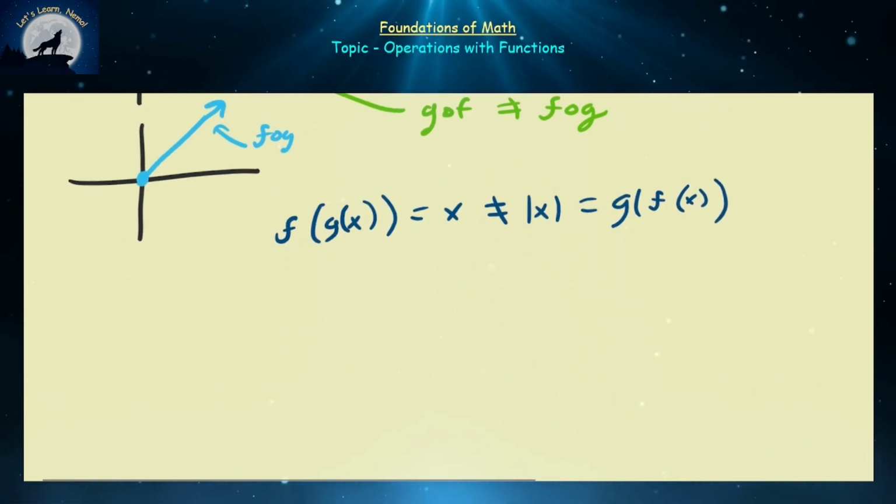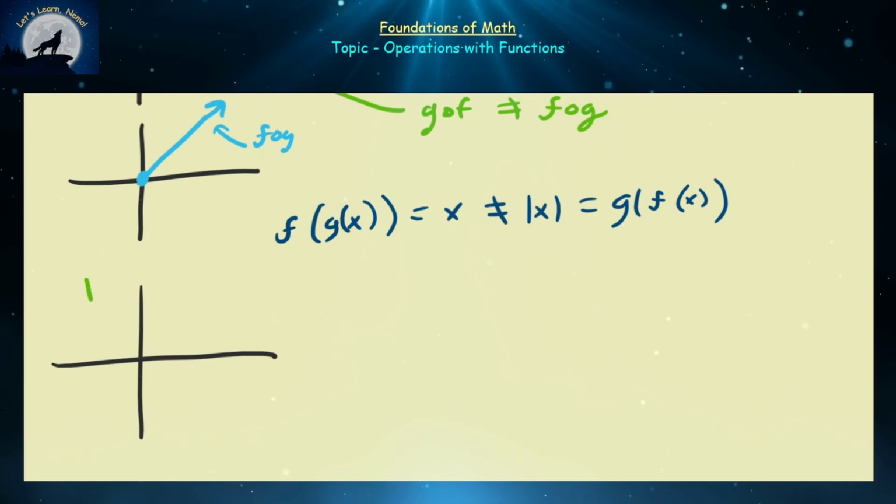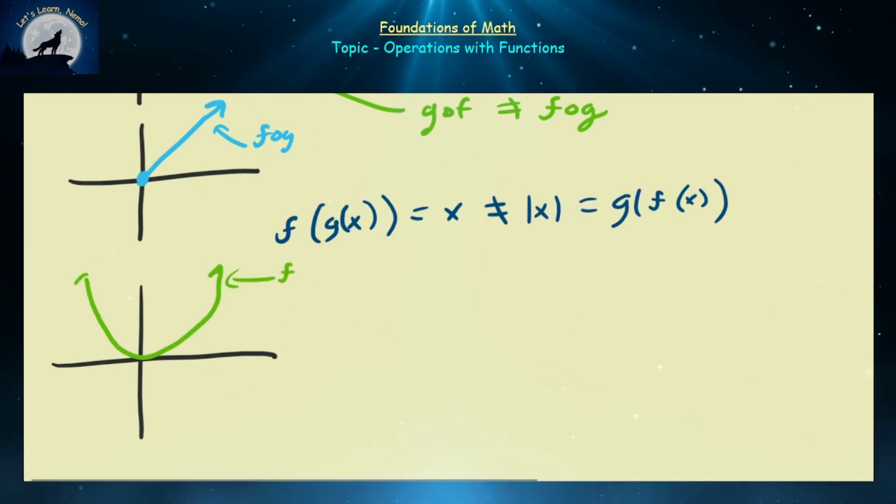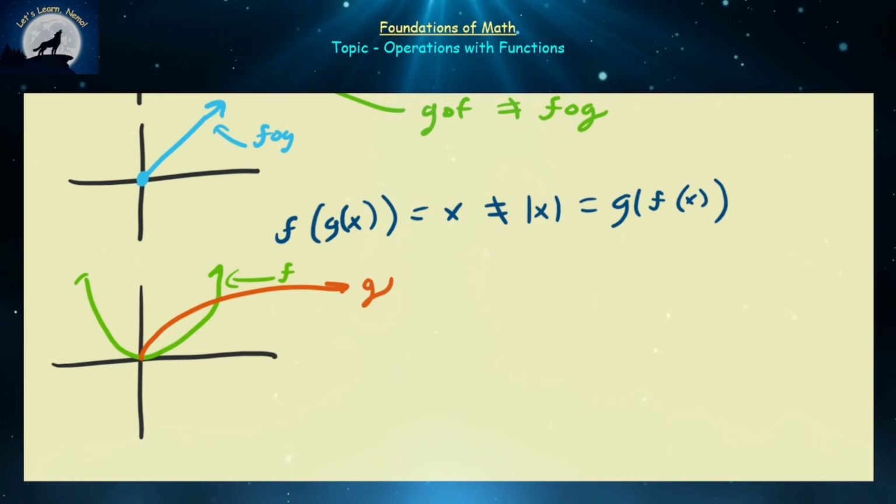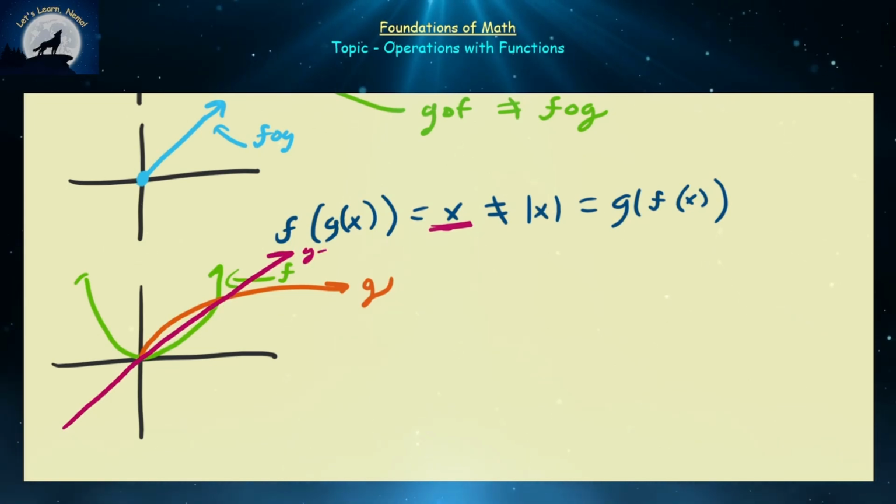Right? And again, if we look at the graphs of f and g, what was f? f was this parabola, and g was this, I guess sideways parabola, you could look at it. But notice, if they were to cancel each other out, because we're trying to get this y equals x curve, which would be this line right here, y equals x.